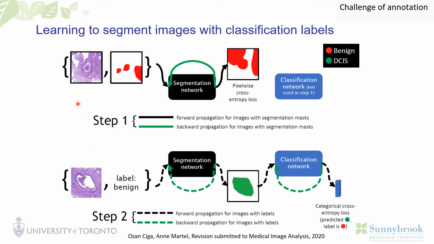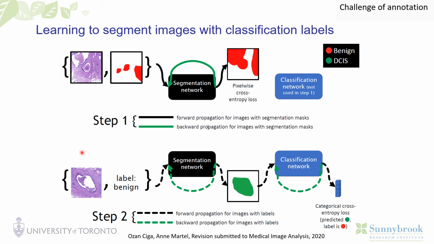So what Ozan's done is he's trained a segmentation network first. In each batch, he takes the patches that have some kind of segmentation label on them and feeds them through a segmentation network. And then he takes the patches that only have labels on them, feeds them through the same segmentation network, and then a secondary classification network, and that propagates the error from that as well.